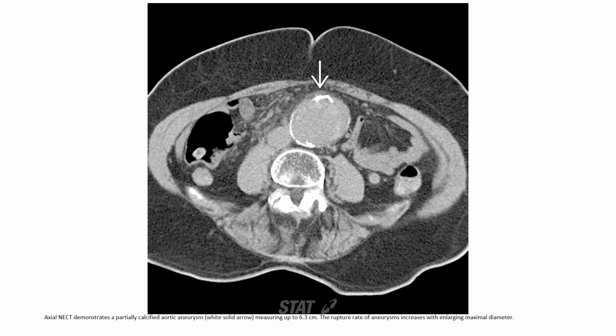A non-contrast CT demonstrates a partially calcified aortic aneurysm measuring up to 6.3 cm. The rupture rate of aneurysms increases with enlarging maximal diameter.